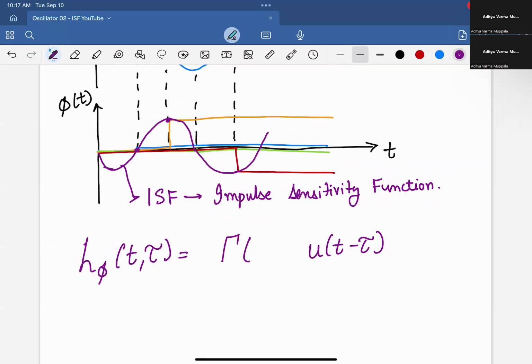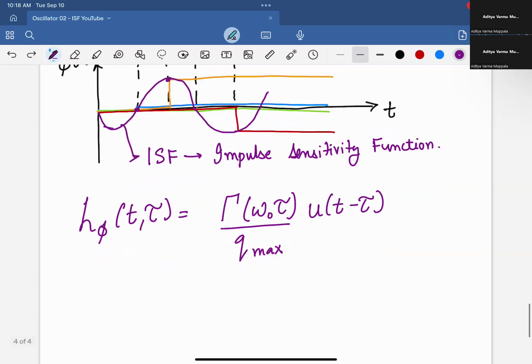We'll call that gamma of omega naught tau, divided by q max. Actually, there should be no comma. So it's just gamma of omega naught tau.